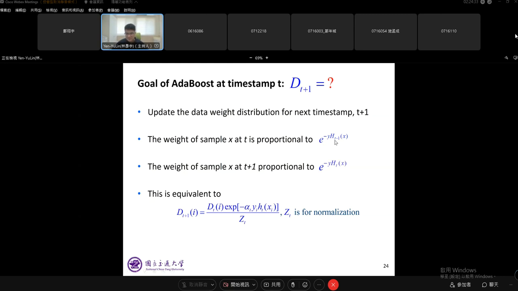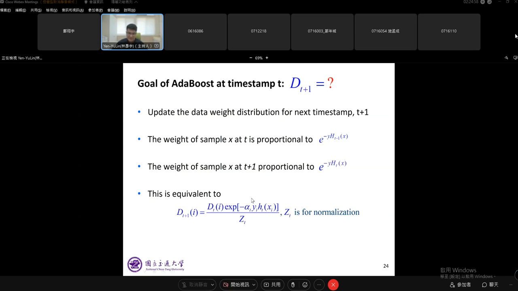After the update, we hope the weight distribution can be maintained. The only difference is that h_{t-1} is replaced by h_t, because the weak learner h_t has been selected. So this is the new weight distribution.